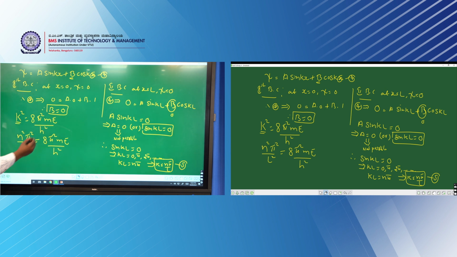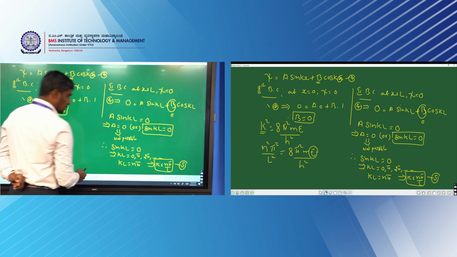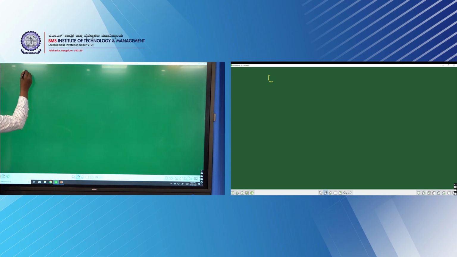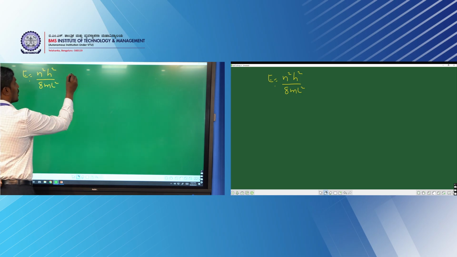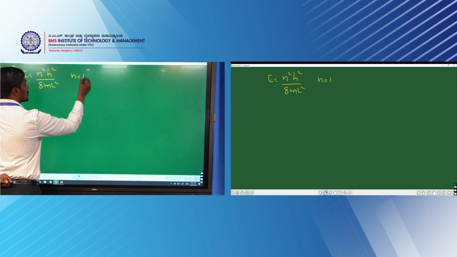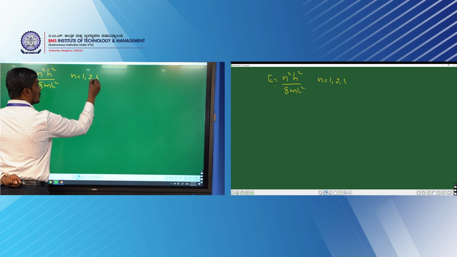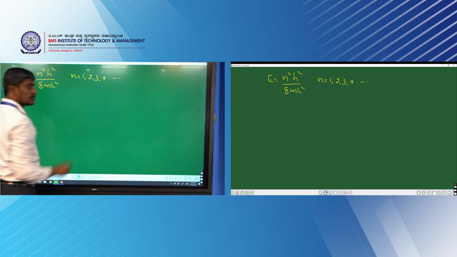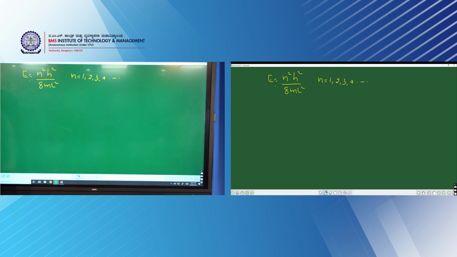Remember, I need to find E, so I have to simplify for E. So E is equal to n square h square by 8 m L square. Remember, what is L here? Length of the potential well. And what about the n value here? n can take values like 1, 2, 3, 4, etc. only. These are called allowed values of n.